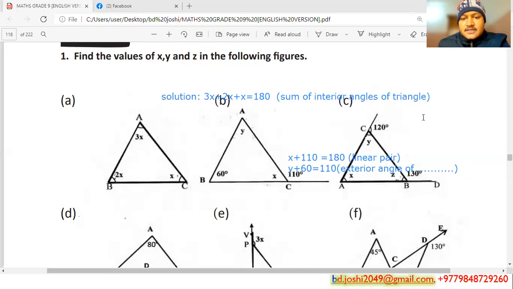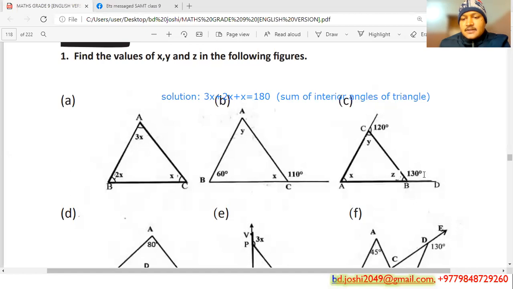Now look at question number C. How will you do question number C? Yes, the value of y would be 60. y plus 120 is equal to 180, because y and 120 are linear pairs. From that you will get the value of y.